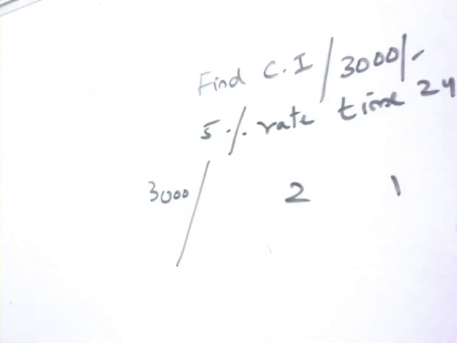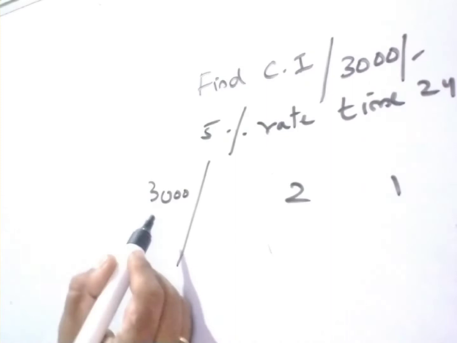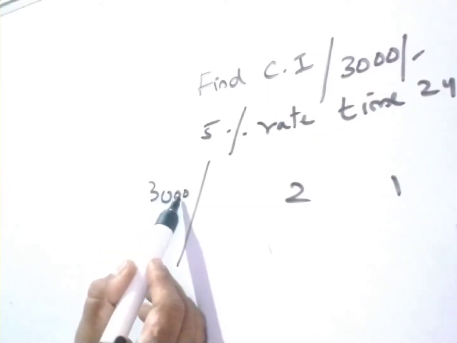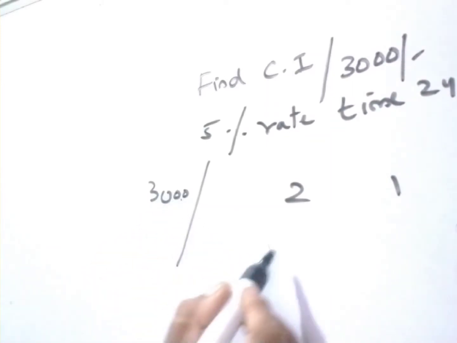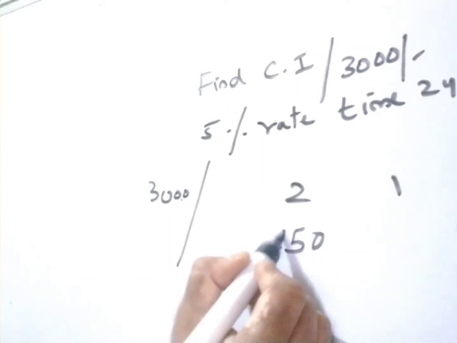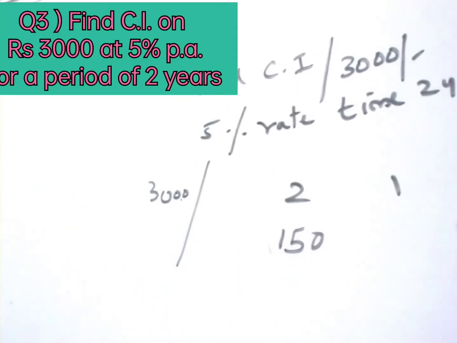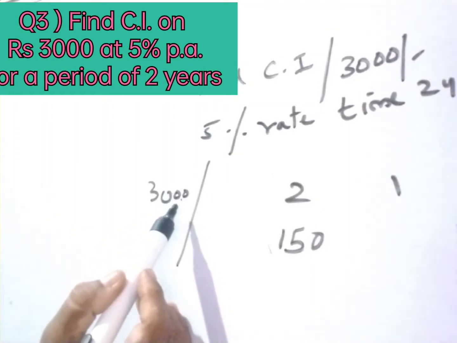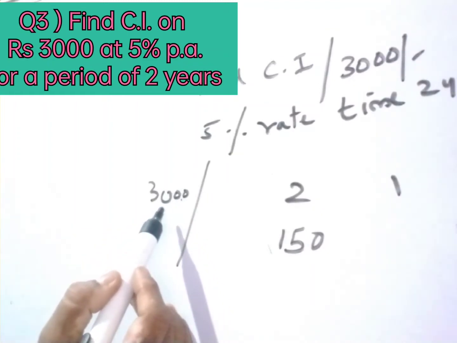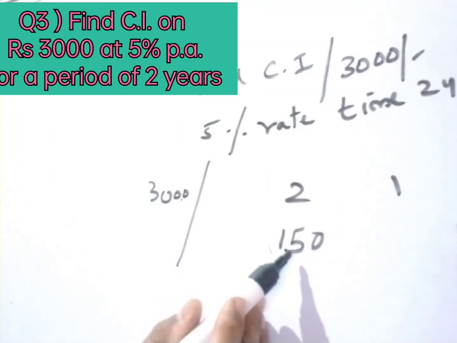So first, for 3,000 rupees, we write 2 and 1. For 3,000 rupees, 10% is 300, 5% is 150. For 3,000 rupees, we have found 5%. For 150, again 5% we have to find.